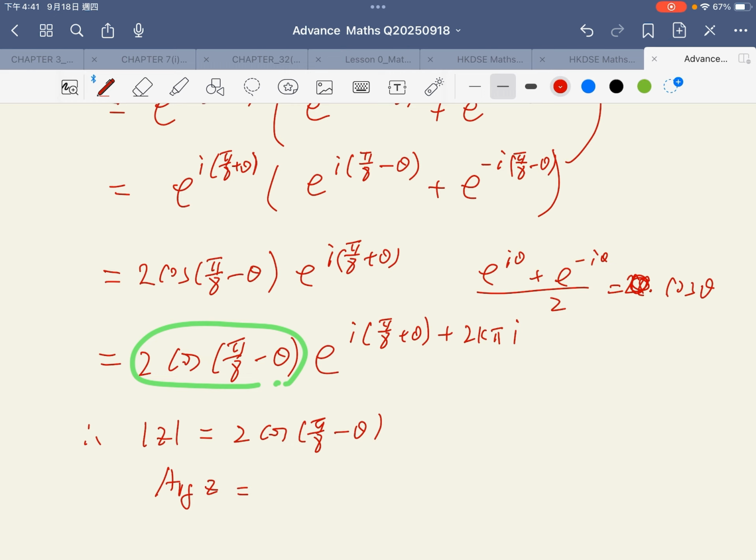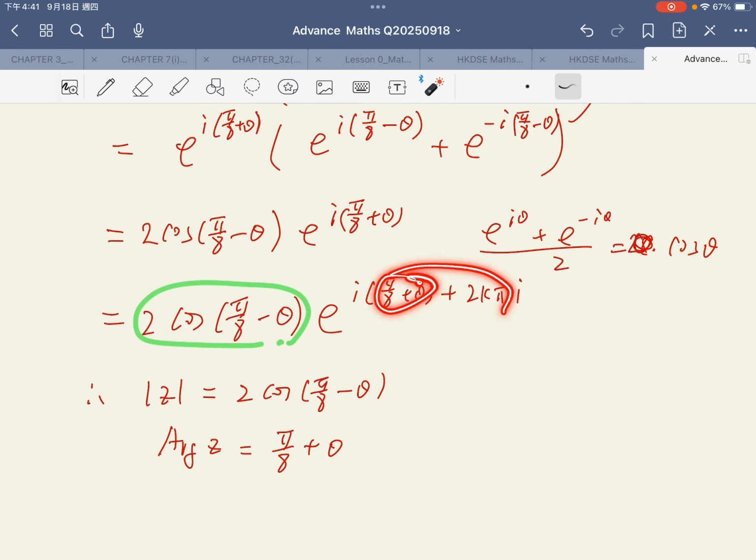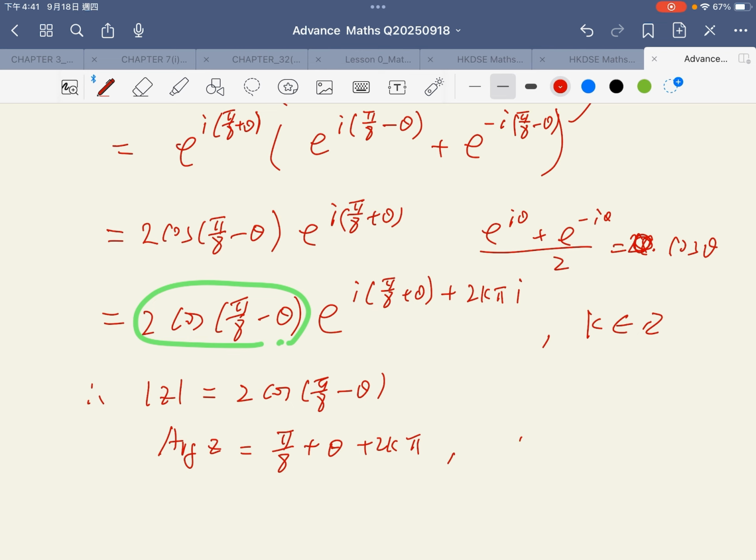Of course, if you mention the principal argument, you can just write down this one. If it is your assignment, you can write down this one or both. Here k is any integer.